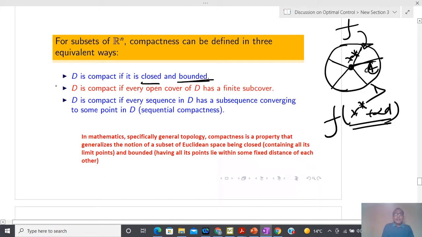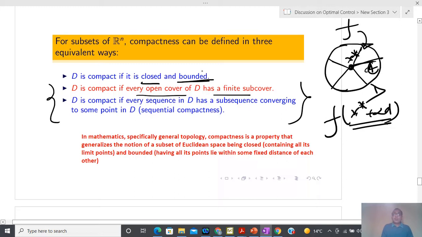There is another definition of compactness that I am not going to discuss in this class, because it requires knowledge of topology. So you can just assume that I have a region which contains its limiting points, and all other points lie within some fixed distance.